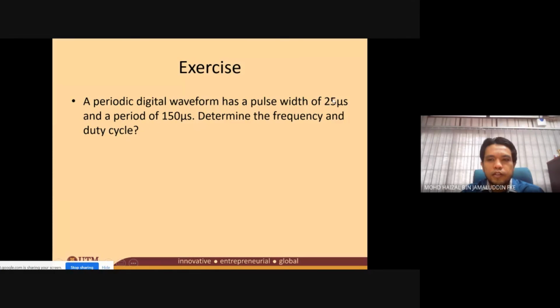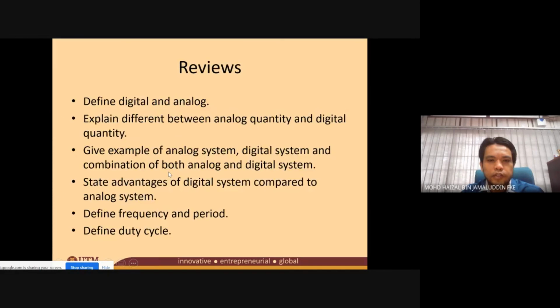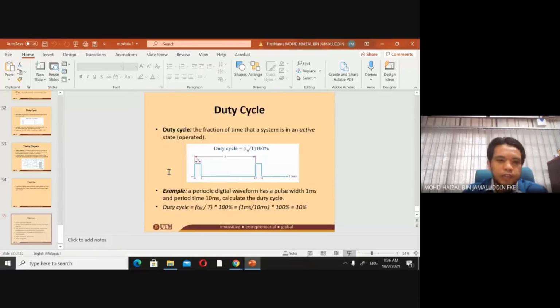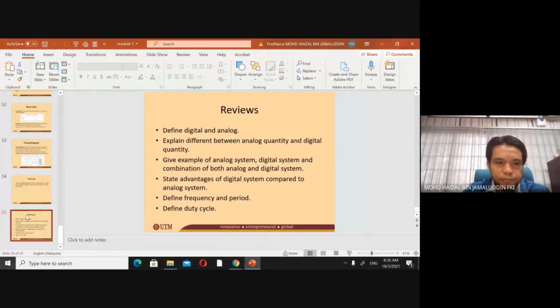Then the duty cycle is the pulse width over 150 microseconds times 100%. Then you get the frequency and duty cycle.